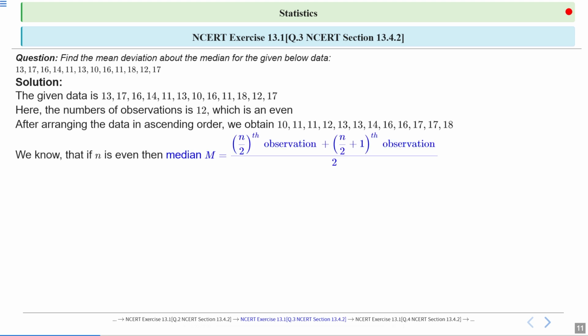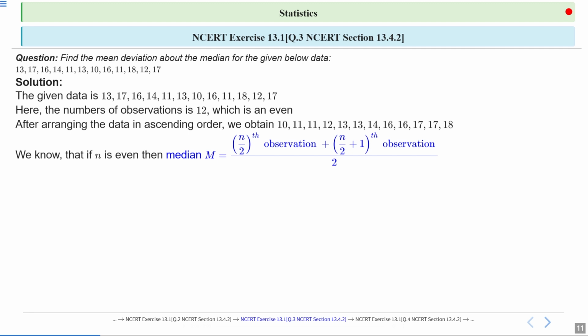Since we have an even number of observations, the median is found by taking the average of the n by 2th observation and n by 2 plus 1th observation. So the formula is median m equal to n by 2th observation plus n by 2 plus 1th observation divided by 2.